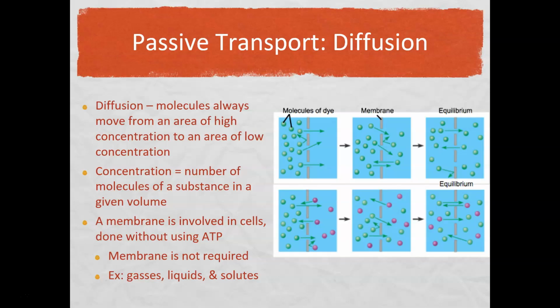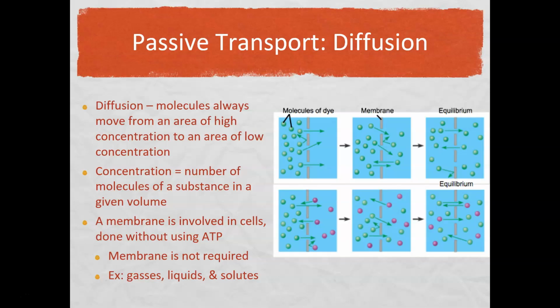Somebody sprays a bottle of perfume or cologne or that Axe body spray, and it is initially concentrated, lots and lots of scent molecules right next to the bottle when it gets sprayed. Eventually, everybody in the locker room can smell the perfume because it's diffusing through the area. Those molecules are hitting each other, bouncing off of each other, pushing each other away until it spreads out across the entire locker room, and now everybody can smell it.